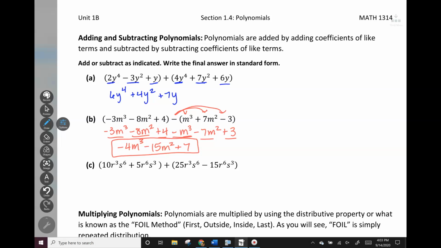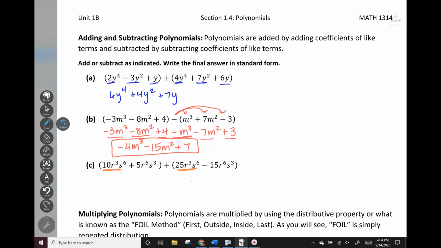On part C, now we have multiple variables involved. So in order for them to be like terms, when there are multiple variables, they have to have the same variables with the same exponents. So that means right here, r cubed s to the 6th, I can only add that to something else that has r cubed s to the 6th.